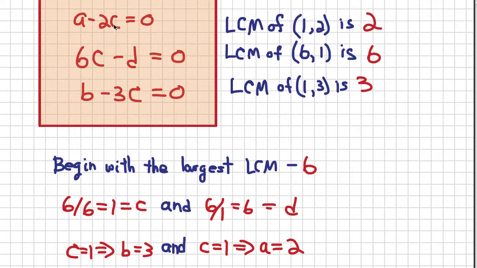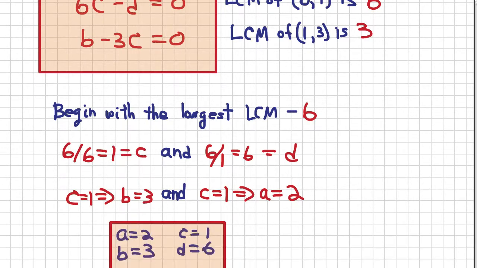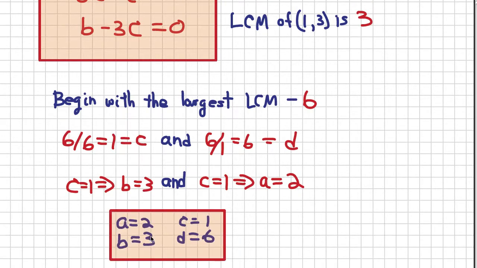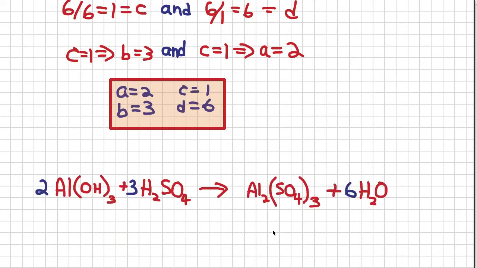If C is equal to 1, for this equation to be true, then A has to equal 2. So the answer to my problem here is A is equal to 2, B is equal to 3, C is equal to 1, and D is equal to 6. And here's my balanced chemical equation right here.